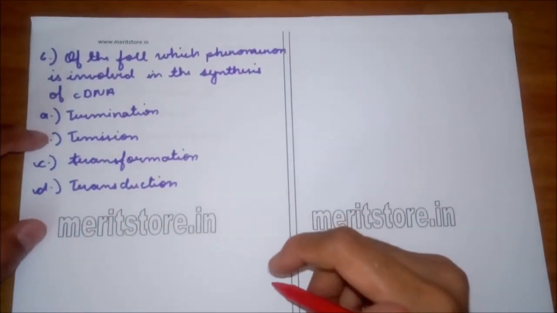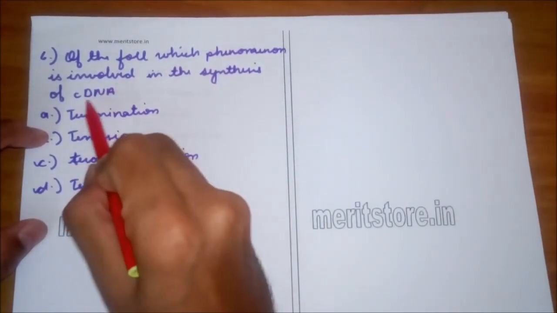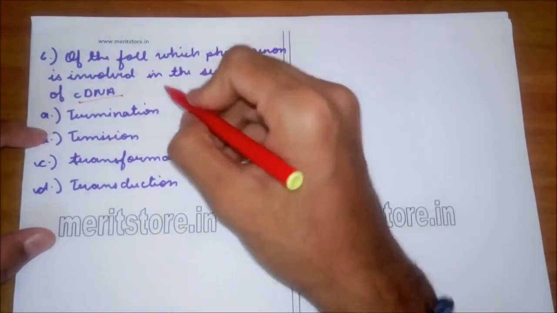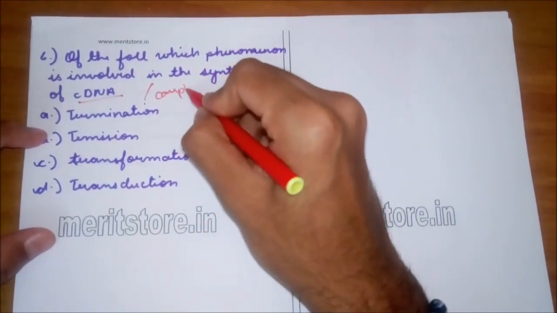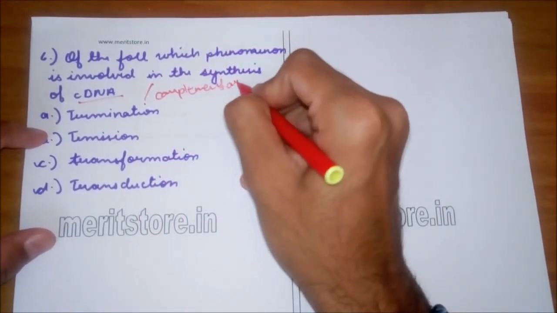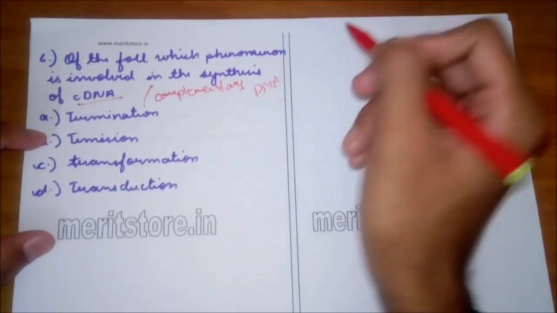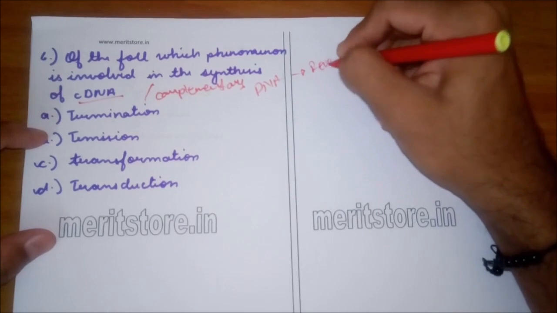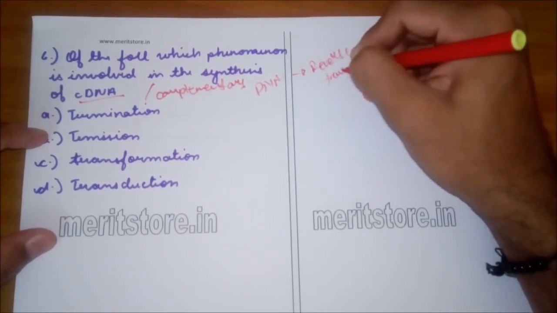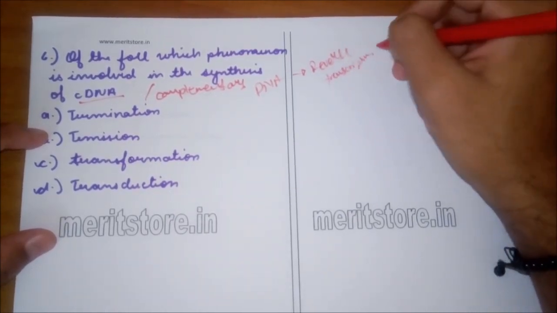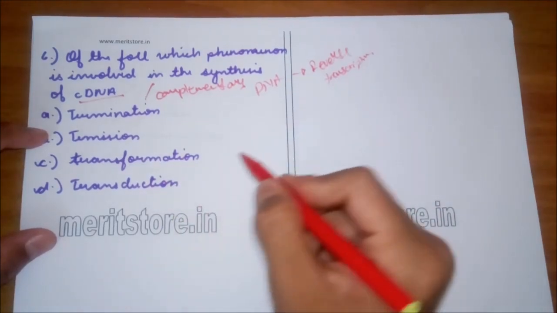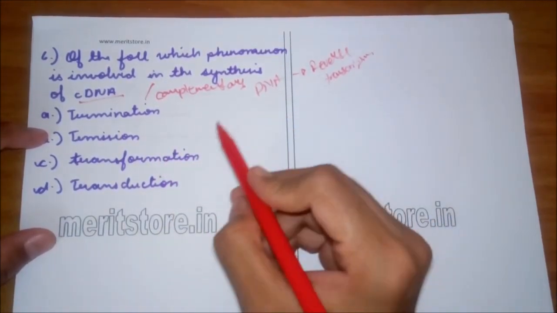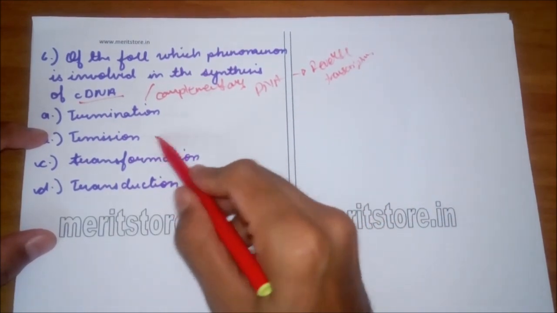Question number 6. Of the following, which phenomenon is involved in the synthesis of cDNA? cDNA is also known as complementary DNA. This complementary DNA is obtained by the process of reverse transcription, which we call Temin-ism. So Temin-ism is the correct answer for this.